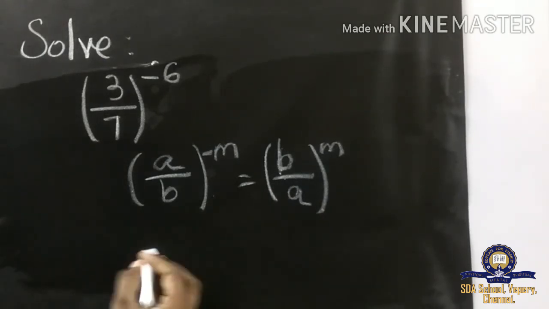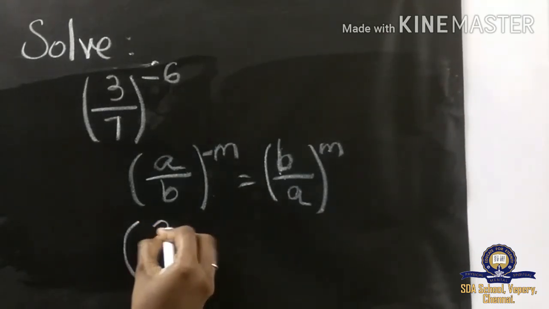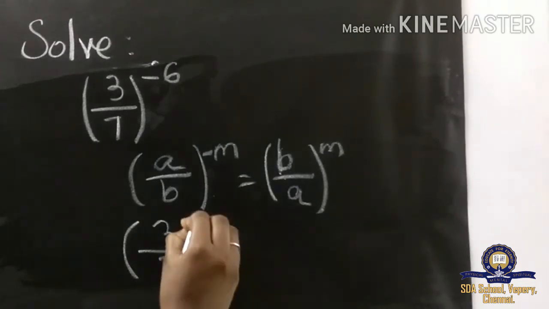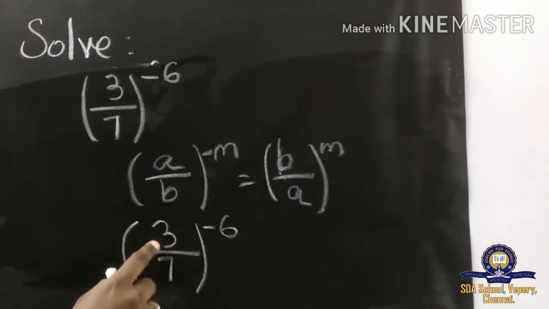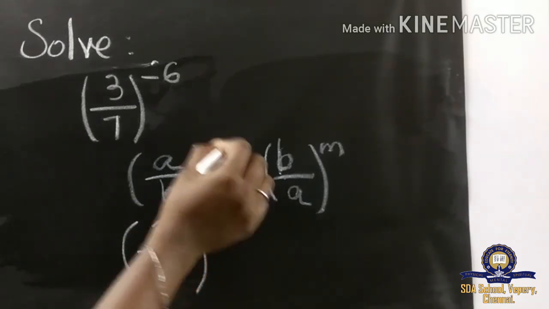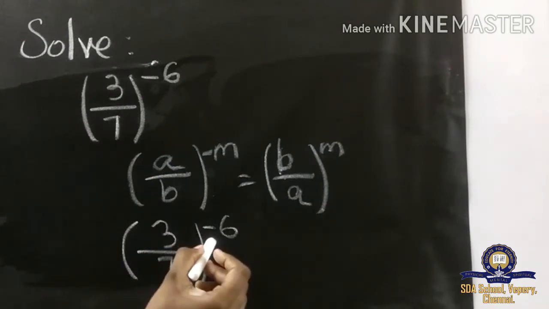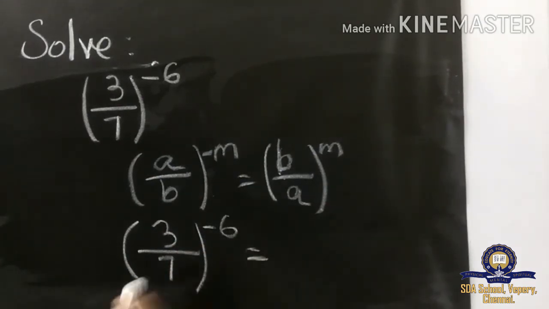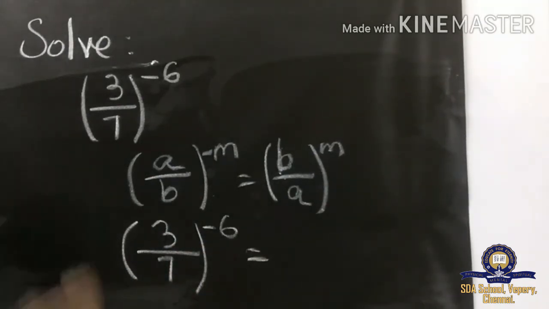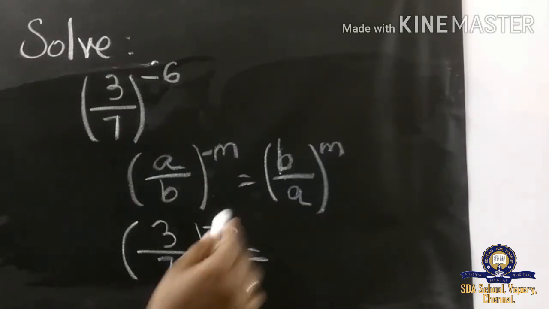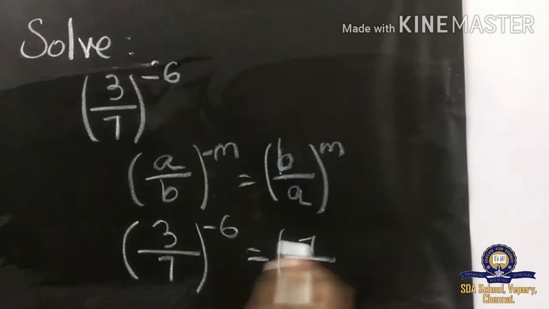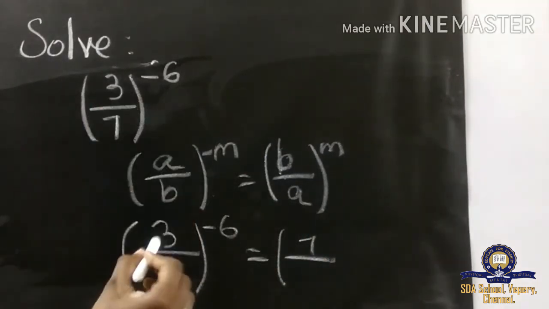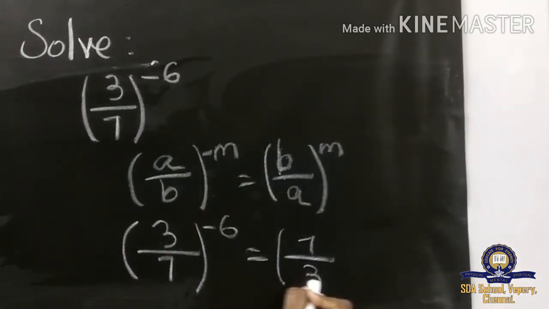Let's see the example. It is in the form of 3 by 7 the whole power minus 6, right? In the place of a there is a value 3, in the place of b there is a value 7, and in the place of minus m your value is minus 6, right? If you interchange your a and b values, 7 divided by your a value 3, that is 7 by 3.